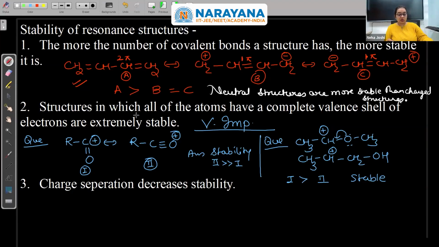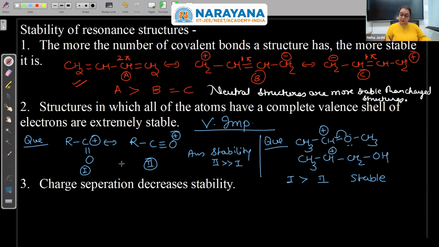Going to the next: structure in which all of the atoms have a complete valency shell. This is again the same idea. See, more completion of the valency shell means ultimately more number of pi bonds. This point is very important because these two questions have been asked in Advanced and in Mains also.